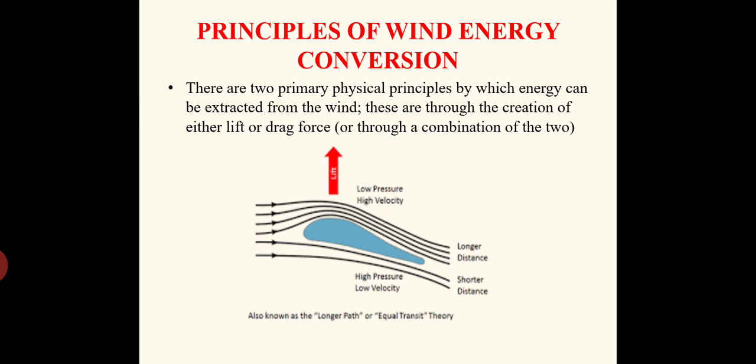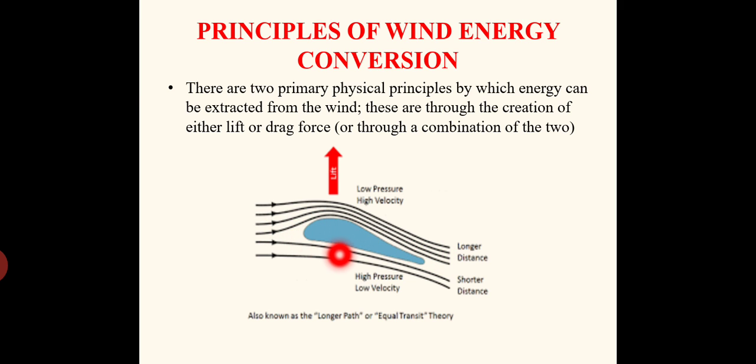From the figure shown below, you can see that blue colored shape. We will call it an airfoil shape, or the specially designed shape for the blades of the wind turbine. In this case, the fluid is flowing over the aerofoil shape.